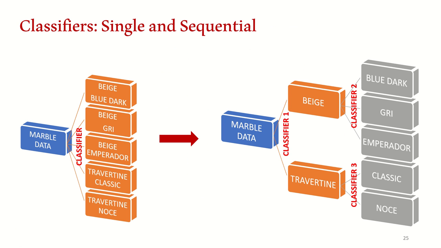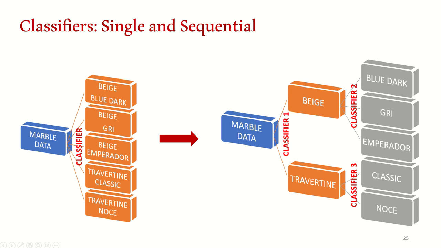Actually, we are using a sequential classifier here. Firstly, we always used one classifier to classify our marbles, but actually blue, dark, gray, emperador are subclasses of beige, and notch and classic are subclasses of travertine.